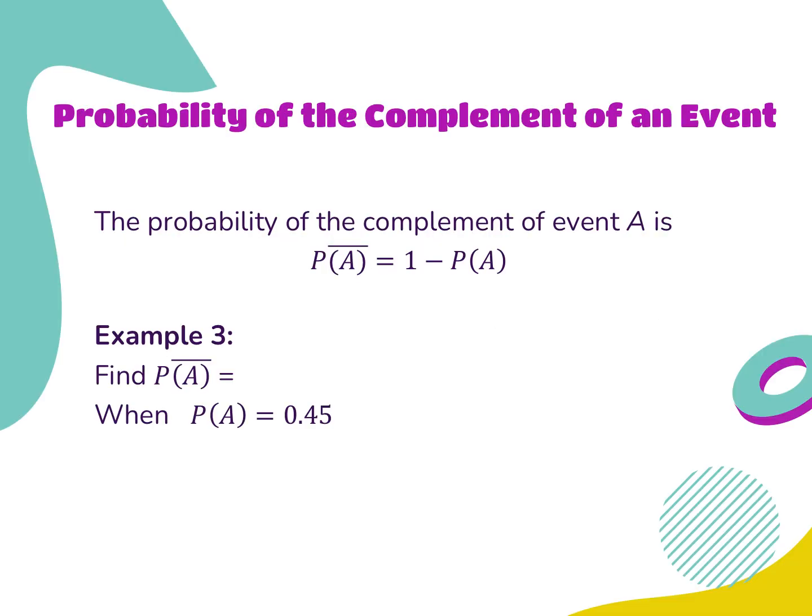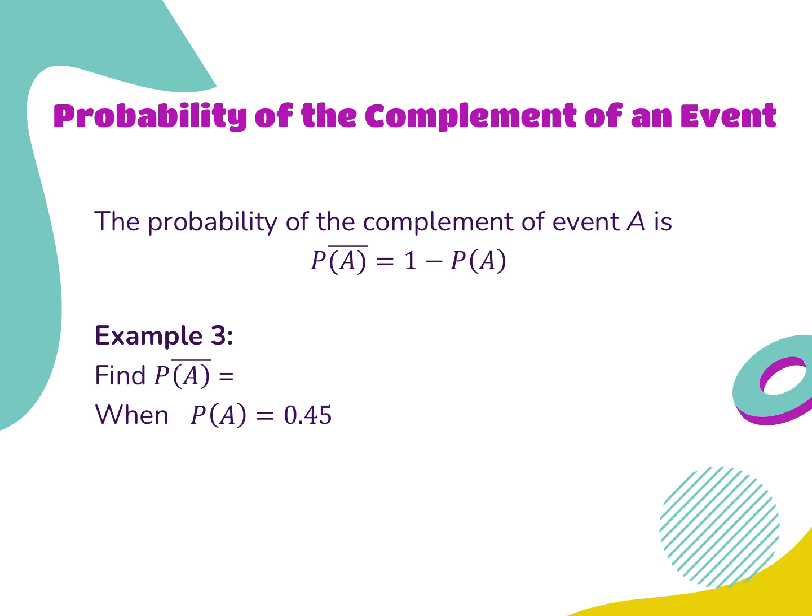All right, so when we refer to a complement of an event, the event itself and its complement always need to add up to be either 100%, or if it's given to you as a fraction or as a decimal, it has to equal 1.